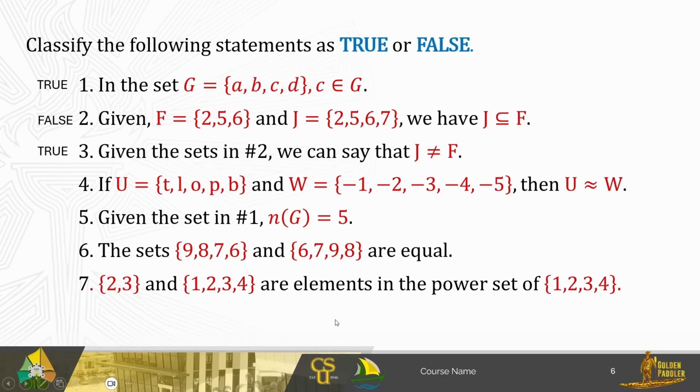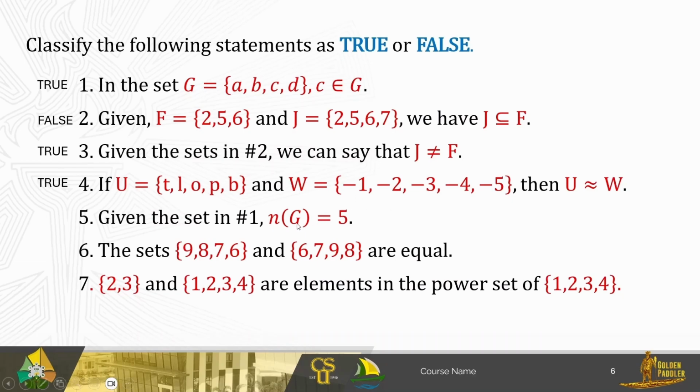Let us count the elements in the set. We have T, L, O, P, B, which is 5. In W, we have 1, 2, 3, 4, 5. Since they have the same cardinality, they are equivalent. So this is true.